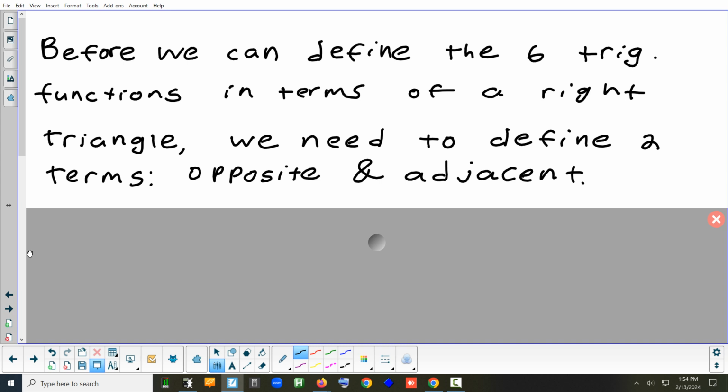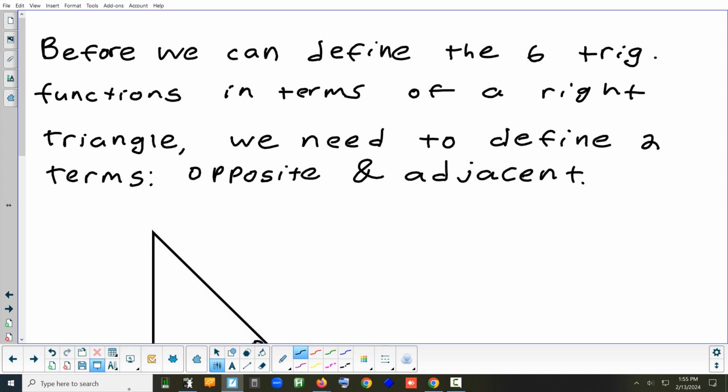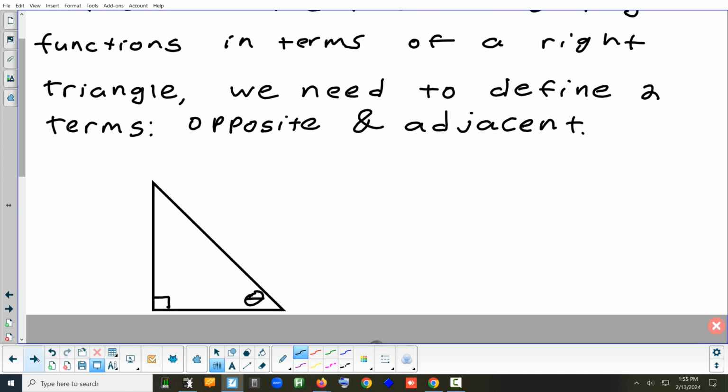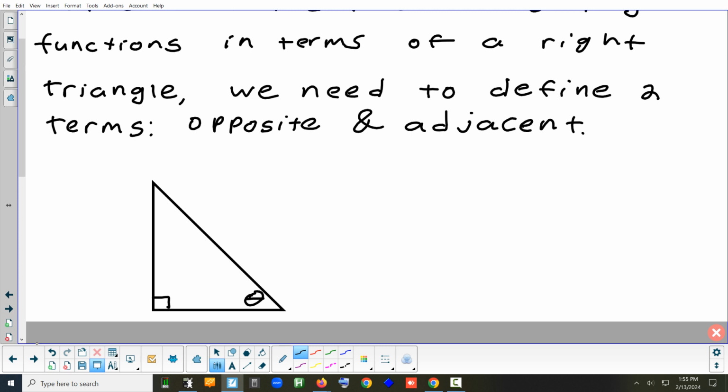So first, let me explain what opposite and adjacent mean. Opposite and adjacent are relative terms, meaning they are dependent on which way you are facing, kind of like the words left and right. You couldn't put a sign in this room on a wall and label it left or right.